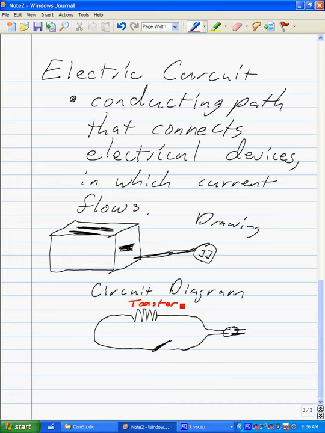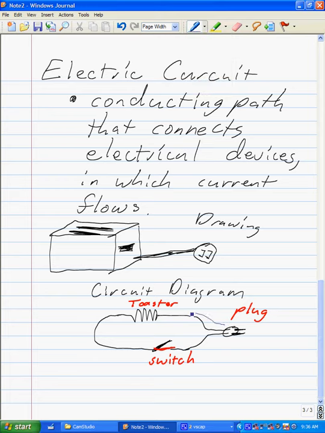And when that switch is closed, so that it's down like there, we have a loop. And electricity can come out and flow through and go all the way around.